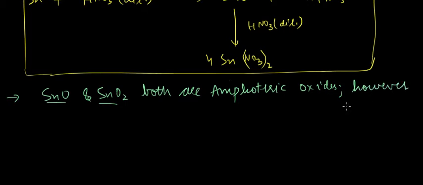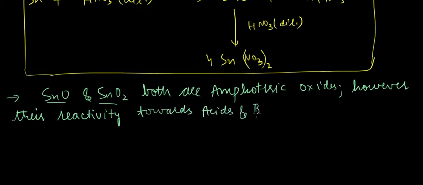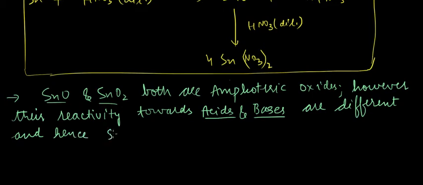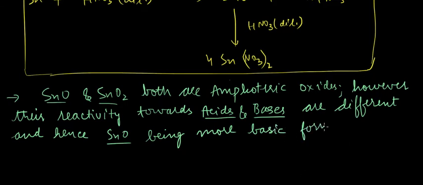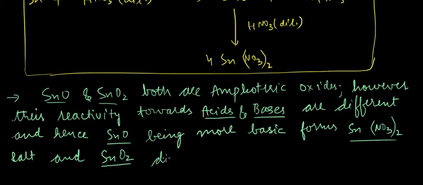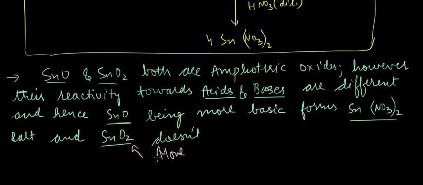However, their reactivity towards acids and bases are different, and hence SnO, being more basic, forms Sn(NO3)2 salt, and SnO2 doesn't. Okay, because this is more acidic.